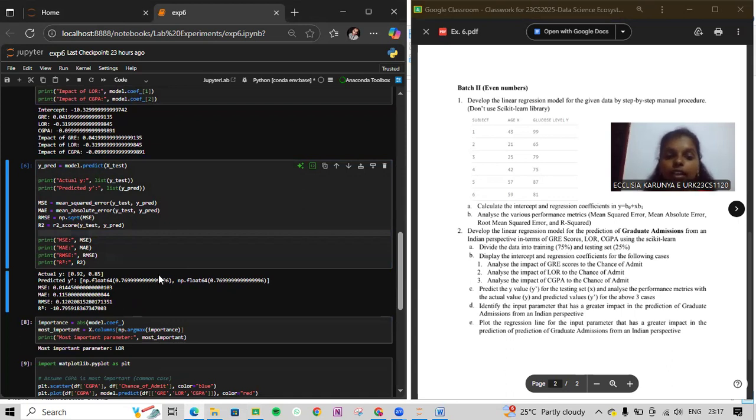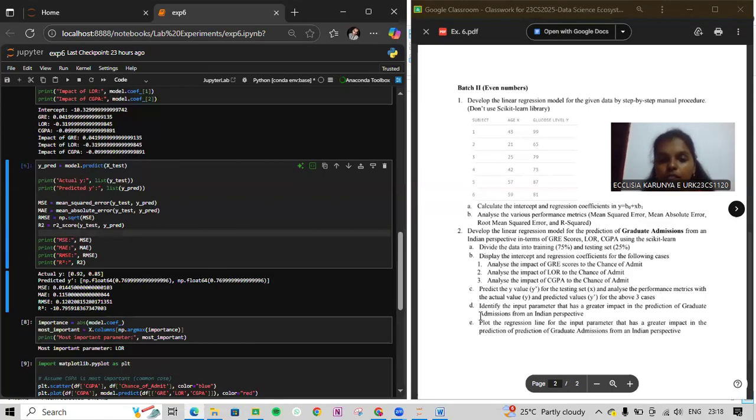Then we need to calculate the errors using MSE, MAE, RMSE, and check the R squared value also. Then we are going to print the MSE value, MAE value, RMSE value, and the R squared value with the actual Y value and the predicted Y dash value.